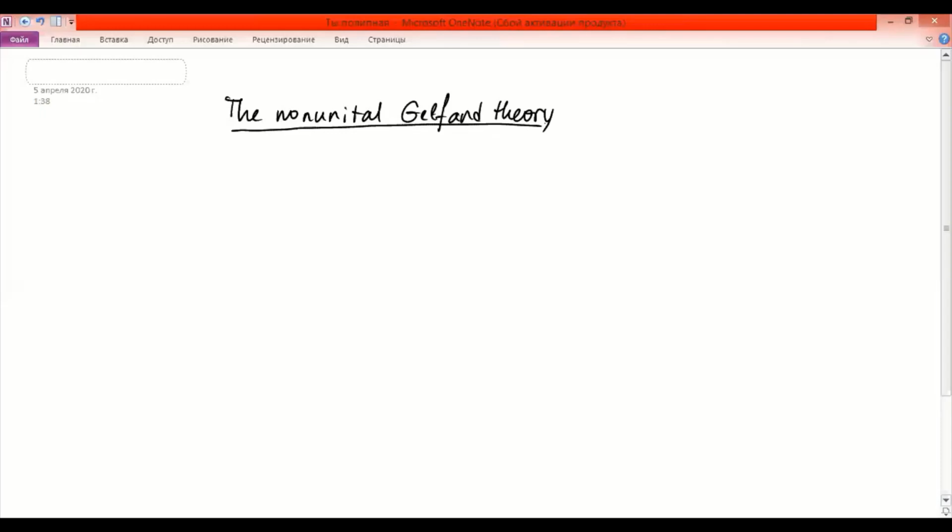Non-unital C-star algebras also naturally appear in applications to representation theory, to harmonic analysis, and to the quantum group theory. On the other hand, non-unital algebras are not very essential for our introductory course. So I'll give you only a survey of the respective theory.